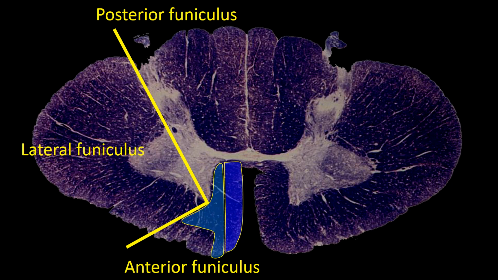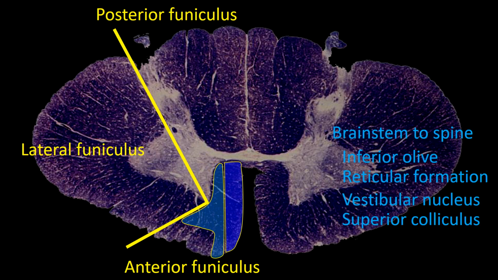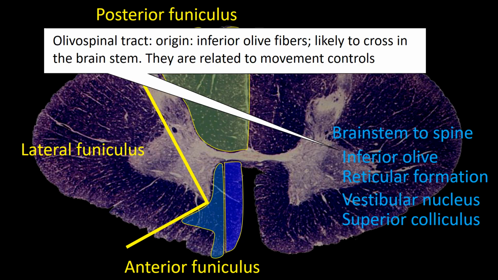In the anterior funiculus, we also have other tracts that make contact with interneurons. The descending fibers that make contact with interneurons are those from the pyramidal tract that we have just mentioned, as well as those that I am about to mention. These brainstem to spinal cord tracts arise from the inferior olive.